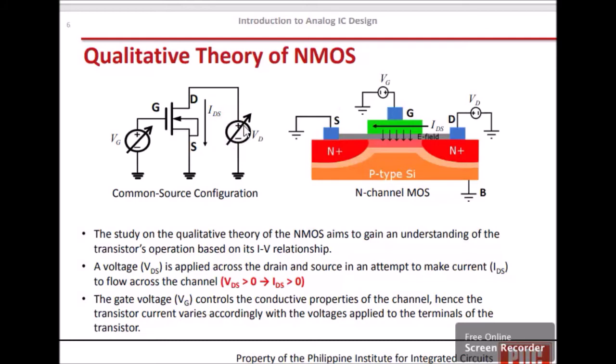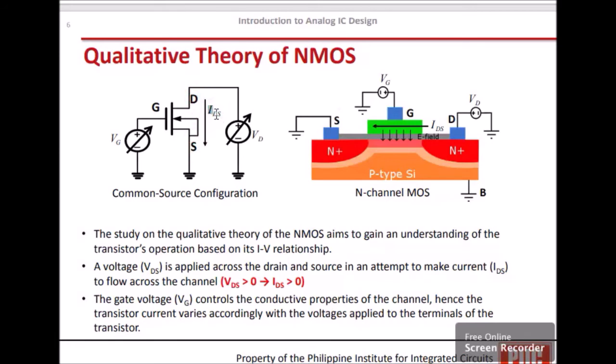Kasi itong goal nito, magkaroon tayo ng enhancement or ng layer or ng channel dito, para magkaroon ng tulay. Ang goal naman nito is para magkaroon ng current between your drain and the source, itong IDS, current from drain to source.